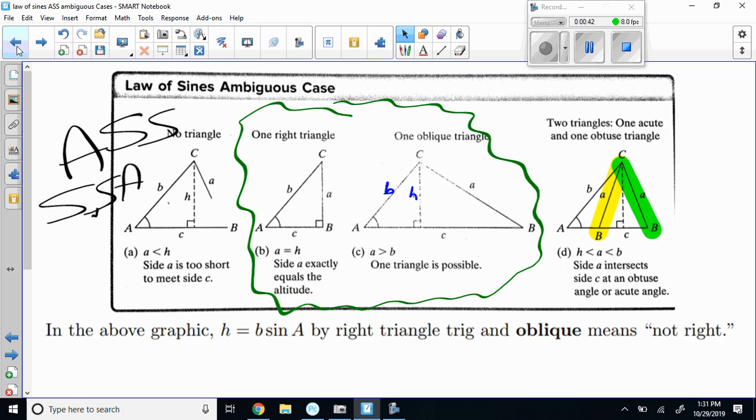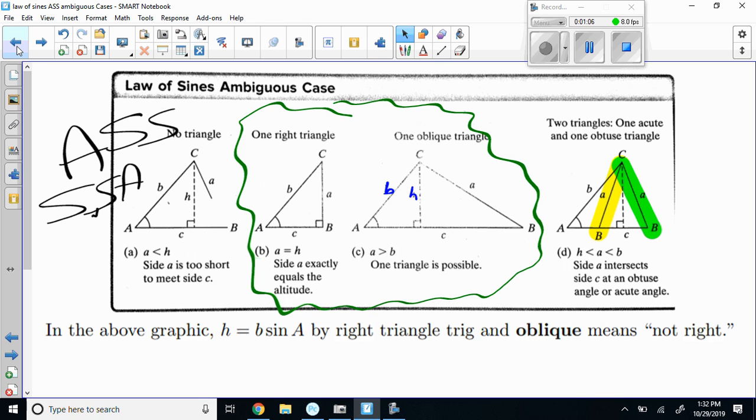Now that one triangle could be a right triangle or it could be an oblique triangle. The word oblique just means that it's not a right triangle, anything other than a right triangle. So it could be no triangle, one triangle, or two triangles, right?